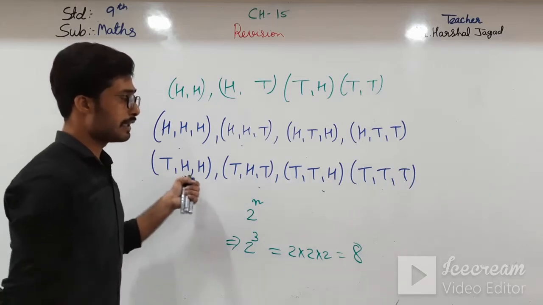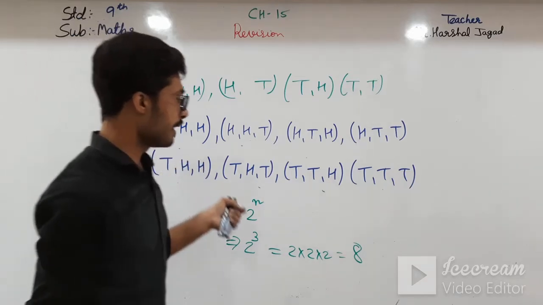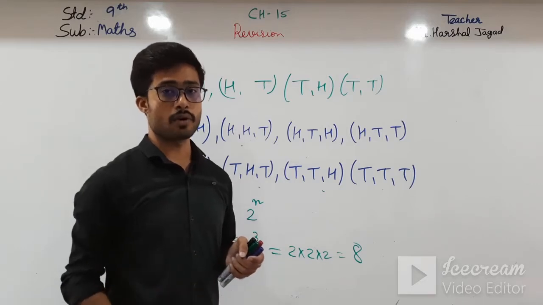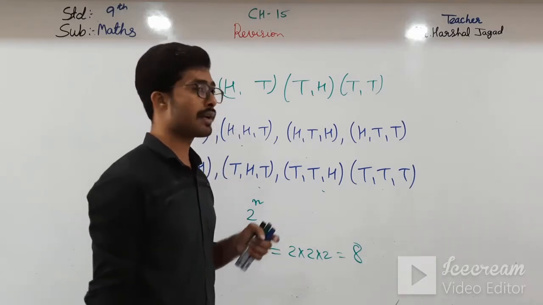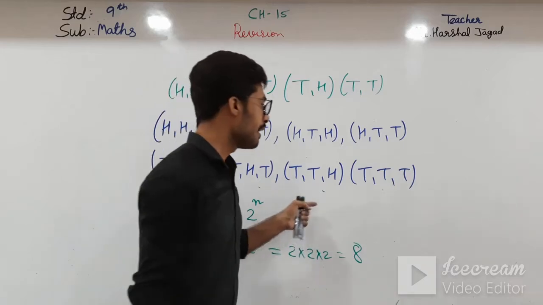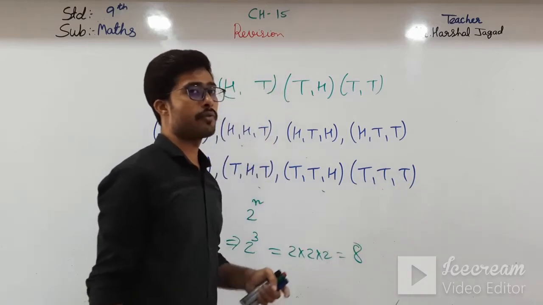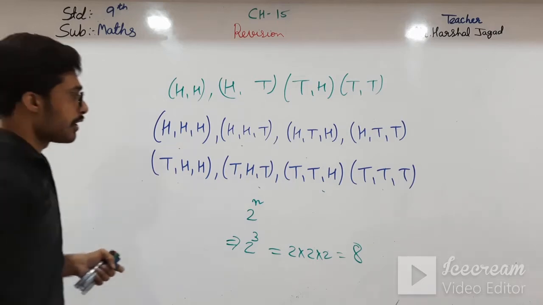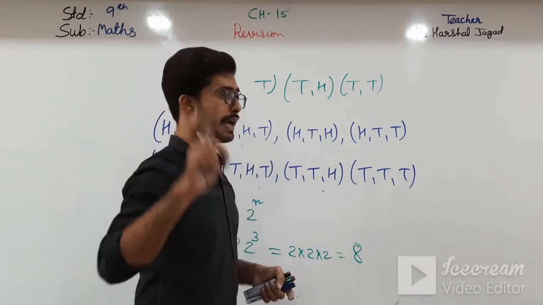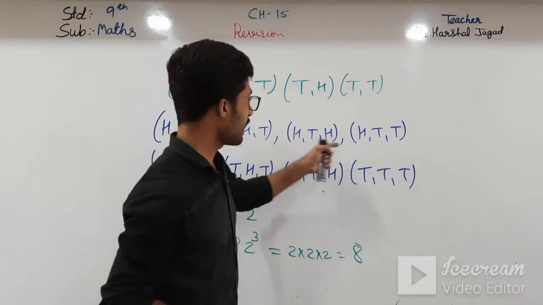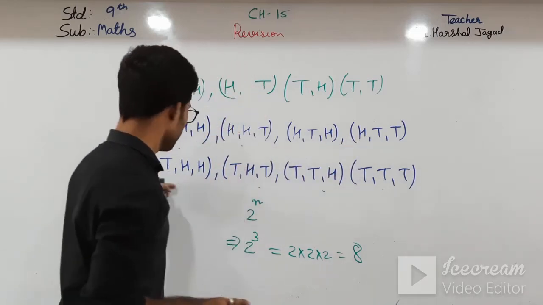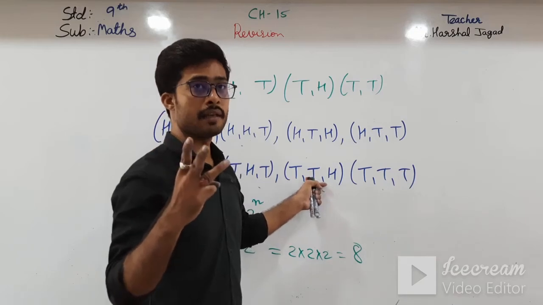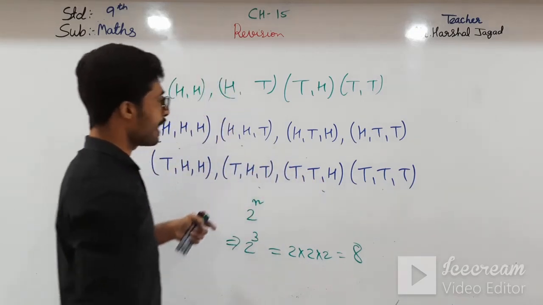And from that it can be asked: if 3 coins are tossed simultaneously, what is the probability of getting all tails? So you have to write 1 by 8. And for 2 tails and 1 head, this is 1, this is 2 and this is 3, so 3 by 8.